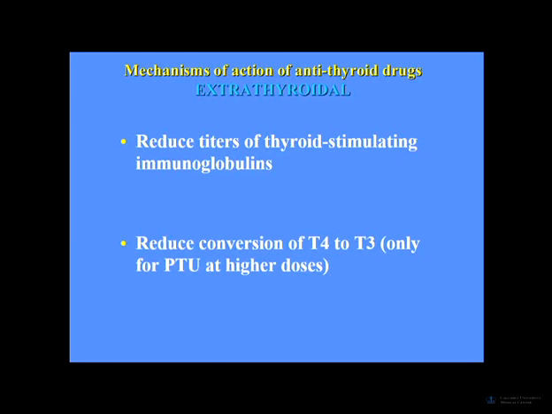They also, PTU in high doses, industrial megadoses, can reduce the conversion of T4 to T3 through inhibition of the type 1 iodothyronine deiodinase, primarily in the liver and skeletal muscle. And so in patients treated with high doses of PTU, T3 levels fall faster.